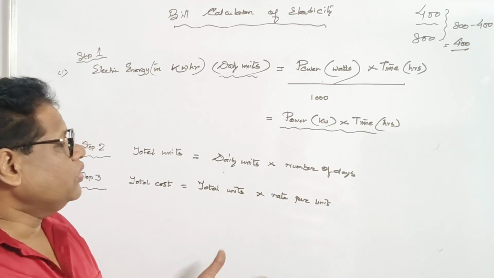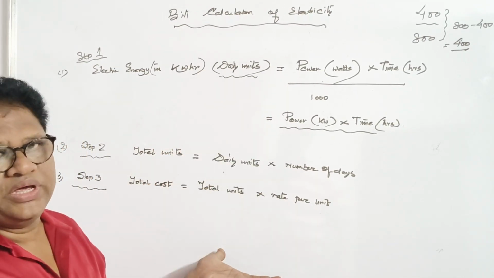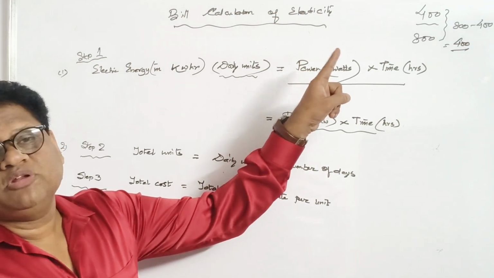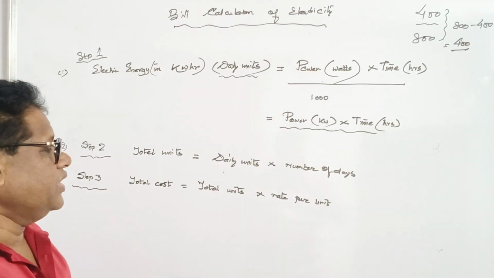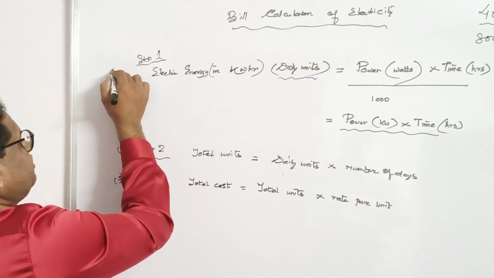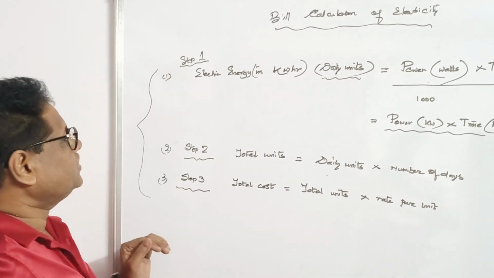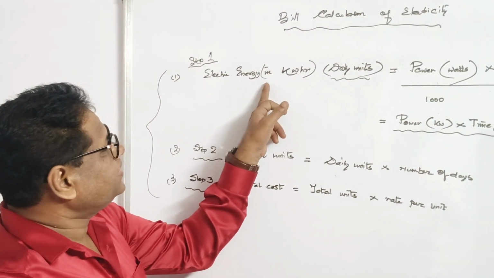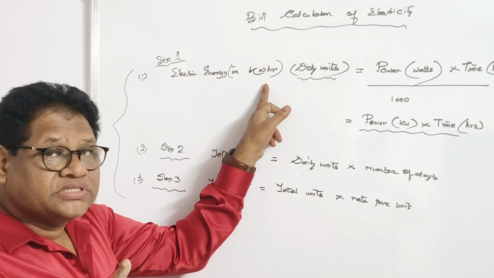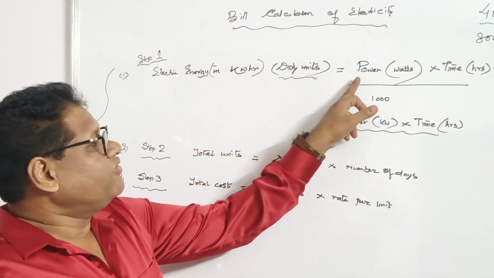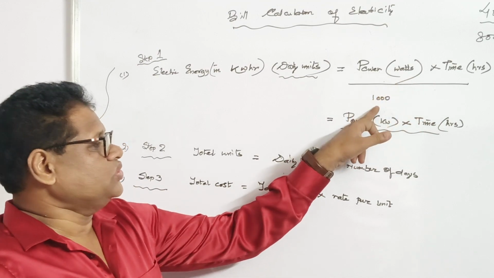Right now you are calculating mathematically, which is only possible when the person comes to record. So the three steps for bill calculation are, first, you calculate the electric energy in kilowatt hour on a daily basis, that is power in watts into time in hours divided by 1000.